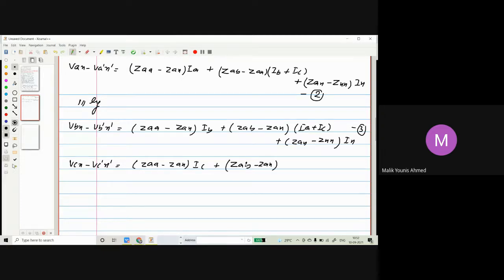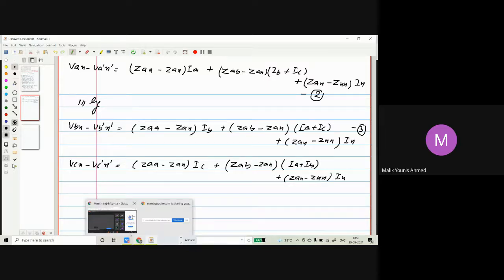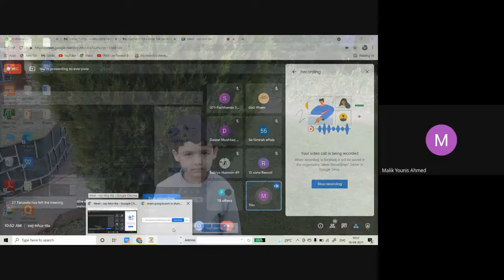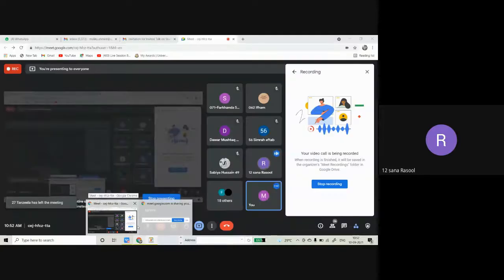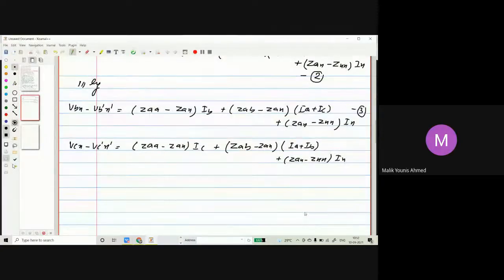This time it will be IA plus IB, C will be missing now. And final will be ZAN minus ZNN, that will be IN itself. So let's call this set as equation 3rd. Is it clear or not up to here? Yes, sir. Okay, let's move further.